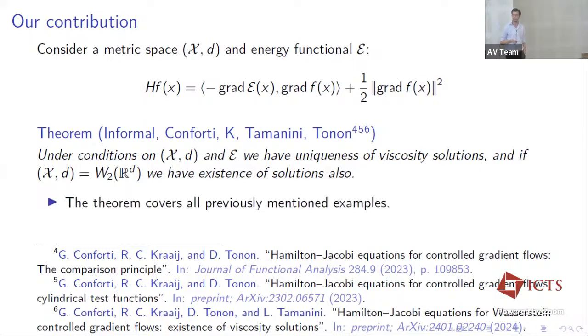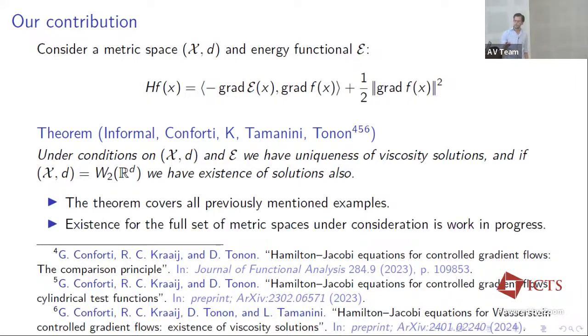So two remarks. All the examples that I just mentioned in the list fall inside our framework. So I'm not hiding conditions that make it infeasible to check. No, all the ones that I mentioned fall inside this class. Now, of course, the question is, hey, you only do existence for W2. What about all the other cases? Yeah, this has to do with two things. We want to have existence so that the mean field game world people can now start using it.